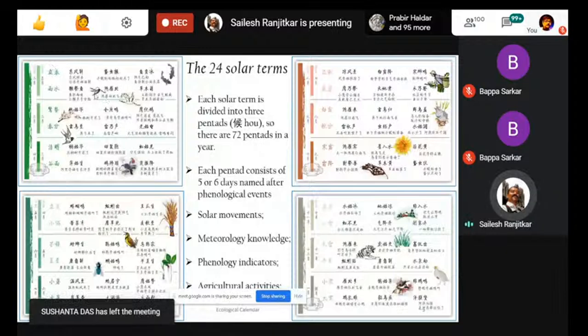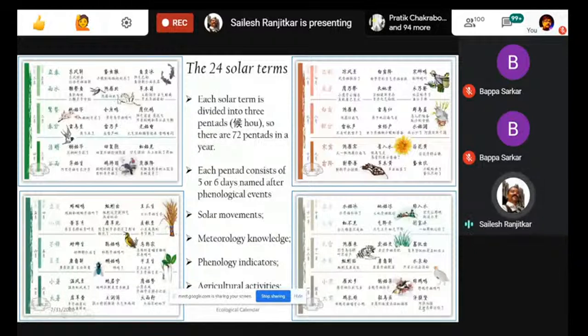There might be flying geese, which they can notice. There might be the blossom of certain plants, especially cherry, which is very popular and very important in that part, like Japan and eastern China. So these are included here, and it ends with telling how changes occur during the winter.